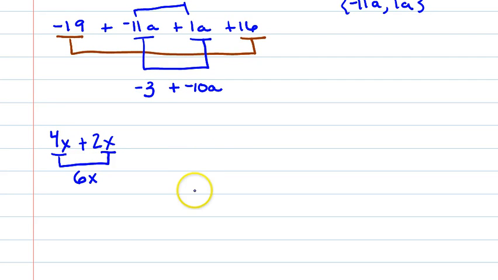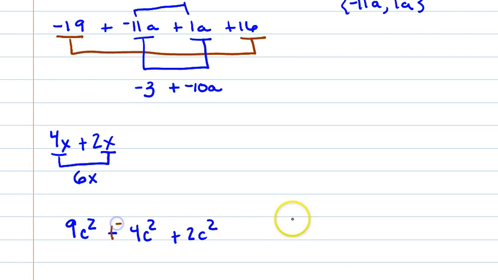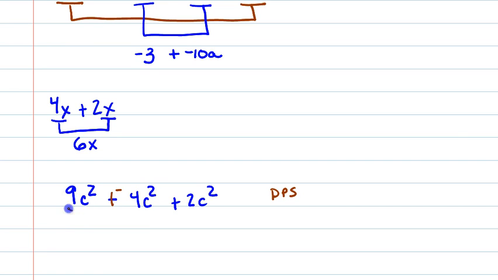Here's another example. Let's say I have 9c squared minus 4c squared plus 2c squared. First step in simplifying this expression is to DPS it, so turn it into an addition problem. Now, notice they all have the same variable parts.